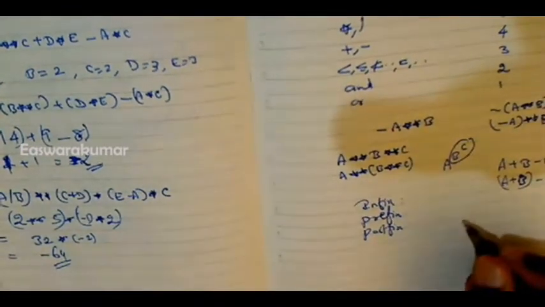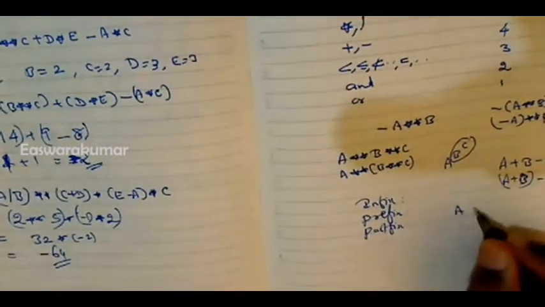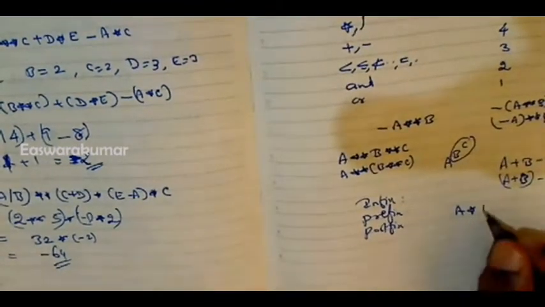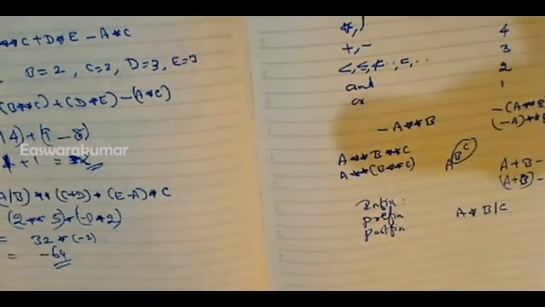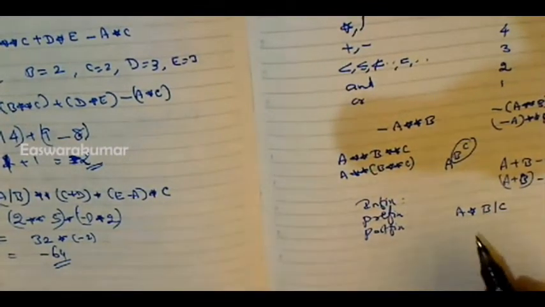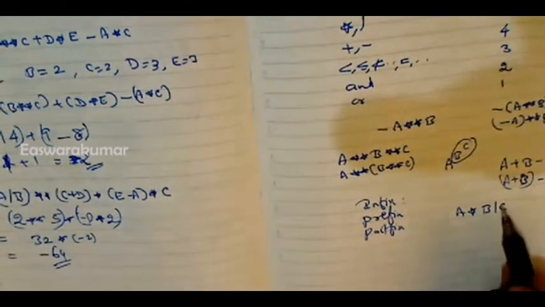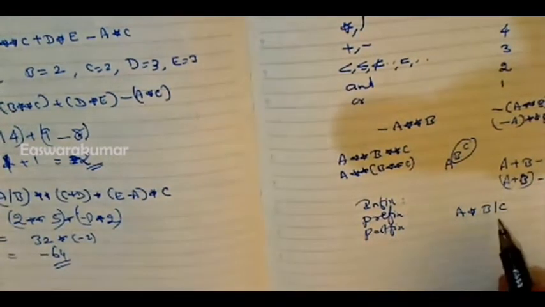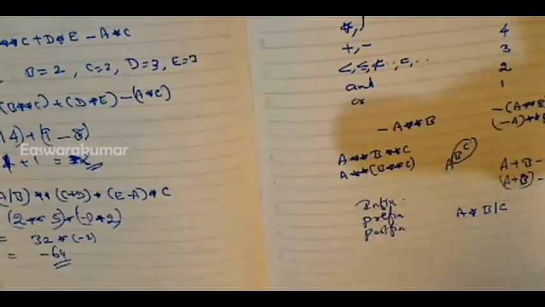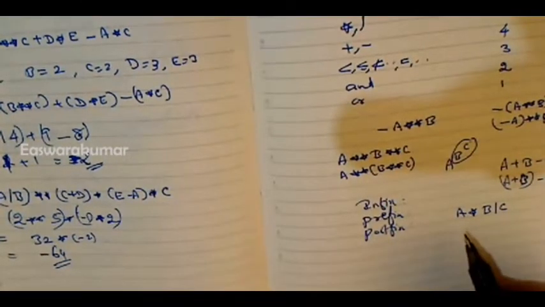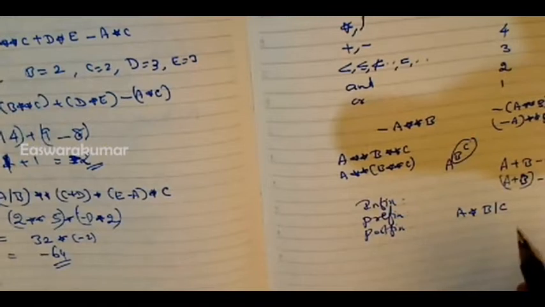For example, if you have the expression A star B slash C, star and division, both multiplication and division have the same priority. If it's the same priority, we evaluate from left to right.